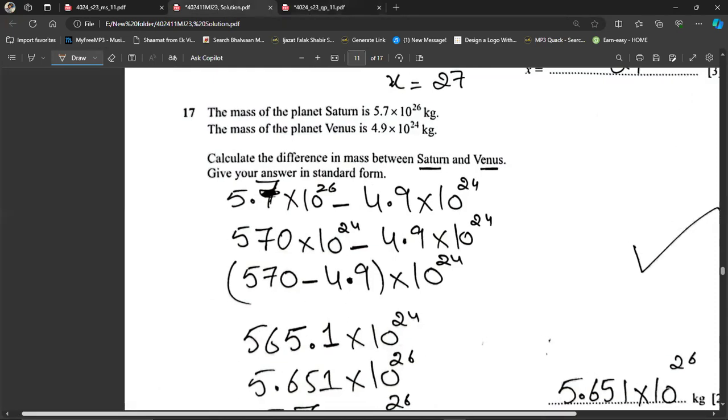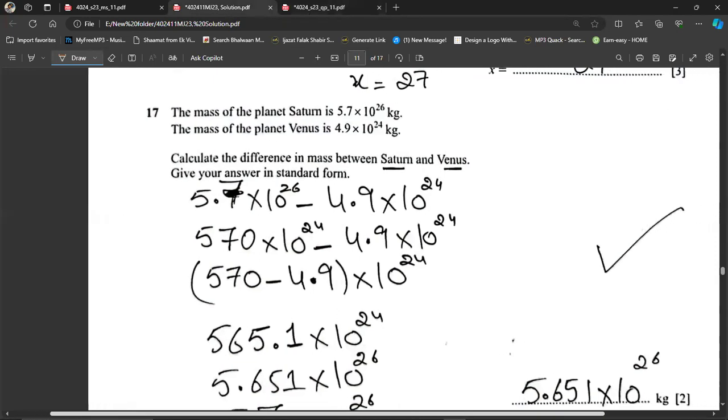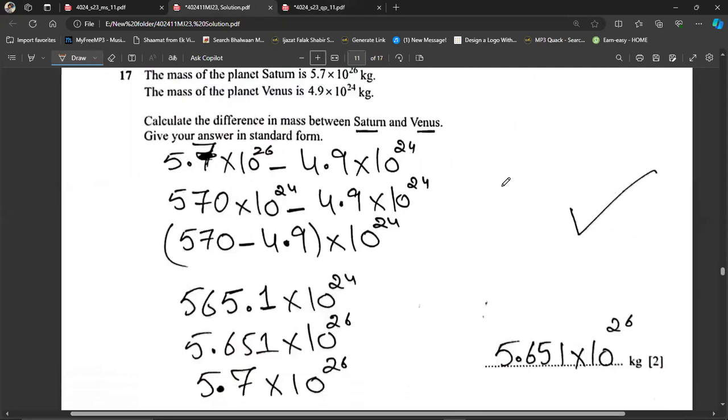Because the mass of Saturn is larger, from Saturn I will subtract the other. So it's 5.7 x 10 to the power 26 minus 4.9 x 10 to the power 24. So I will move this decimal 2 steps to the right. So it becomes 570, and this power will decrease by 2, so 10 to the power 24 minus 4.9.